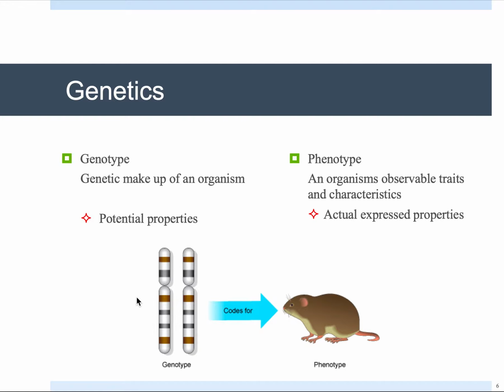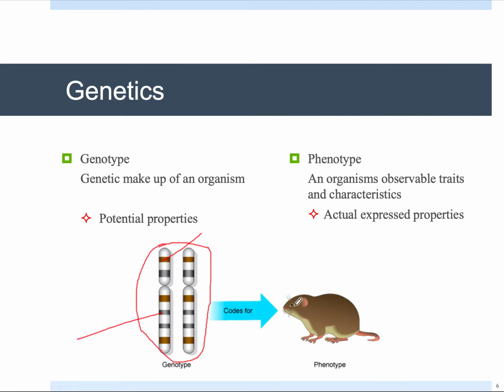Now, the genes that are contained in a cell may not be expressed at all, may be expressed partially, may be expressed together, or may not be expressed in the presence of another. So, for instance, if we look at this on face value, you have a pair of chromosomes. So these are chromatids that form a chromosome. So let's say it's in a cell, and these code for color. So you have brown color, and then you have black color.